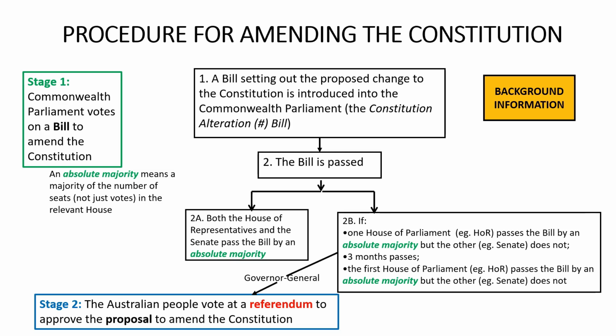Coming back to the first way in which a bill to amend the Constitution can be passed by the Commonwealth Parliament, that is, where the bill is passed by an absolute majority of both the House of Representatives and the Senate, the next step is for a referendum to be called so that the Australian people can vote on the proposal to amend the Constitution. This referendum must be held not earlier than 2 months and not later than 6 months after the bill to amend the Constitution has been passed by the Commonwealth Parliament.